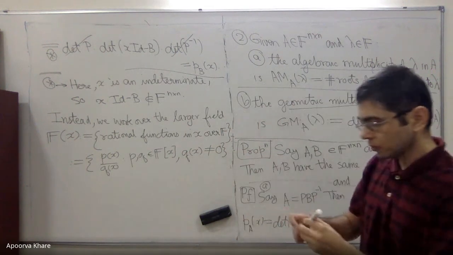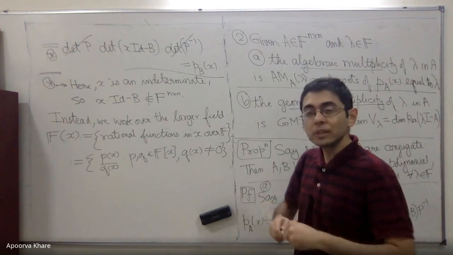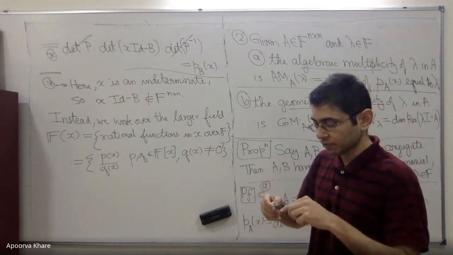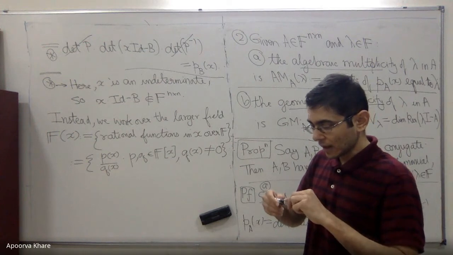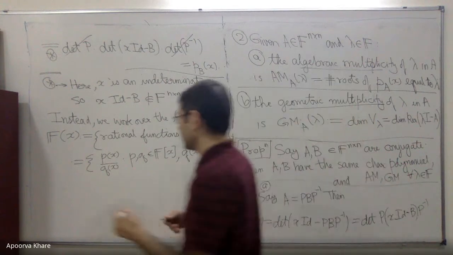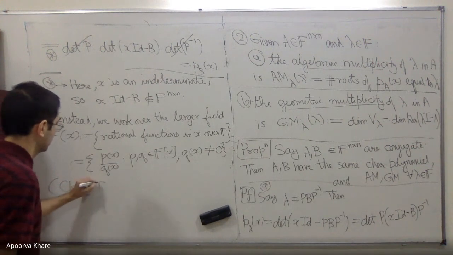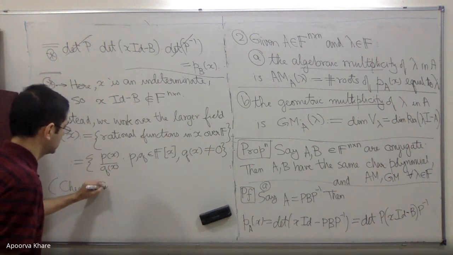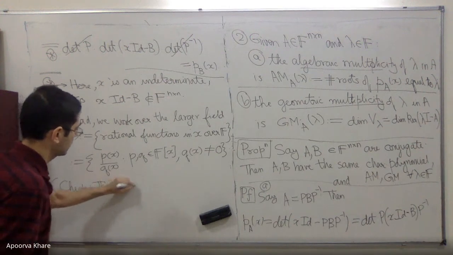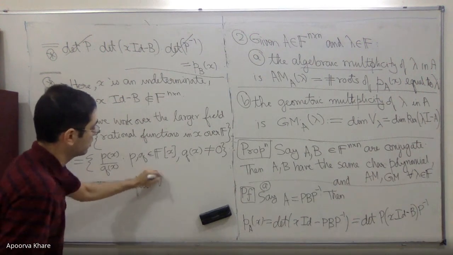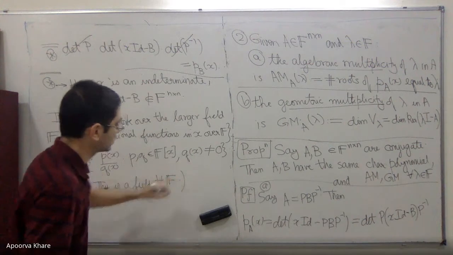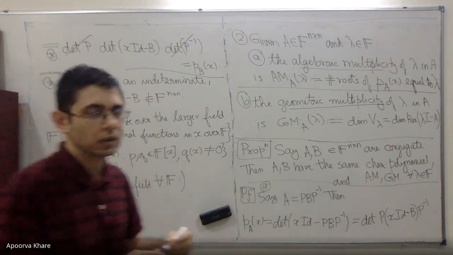Once you work over this: polynomials are not closed under division, so they cannot form a field. But the rational functions actually do form a field, verify this. This is a field for all F. So no matter what field you start with, the rational functions over it do form a field.